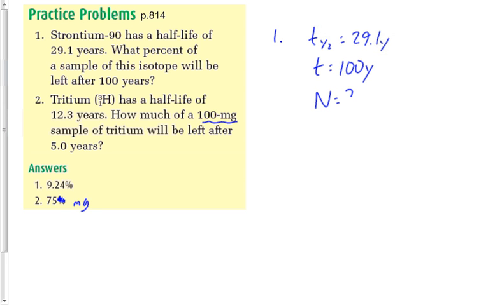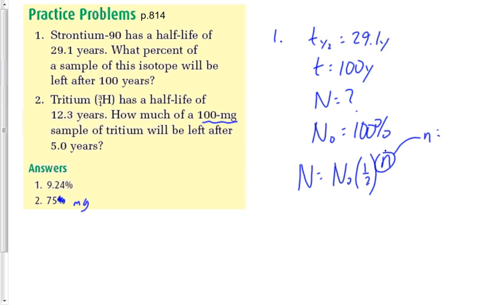What percent remains? If we're talking about a percent, Nick, then odds are we're going to use what as our initial amount? Good. So N0, once again in this question, is 100%. N is equal to N sub 0, 1/2 to the little n. Little n we've got to find.